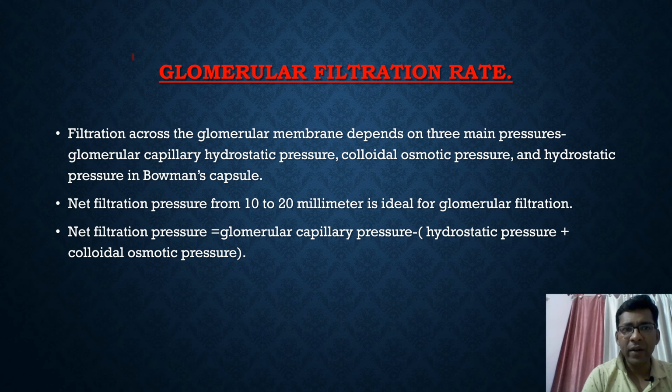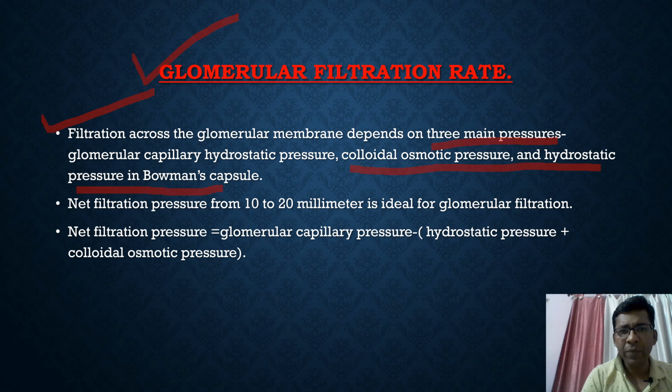Now, glomerular filtration. Filtration across the glomerular filtration membrane depends on three main pressures. Three pressures affecting this filtration are glomerular capillary hydrostatic pressure, colloidal osmotic pressure and hydrostatic pressure in the Bowman's capsule.